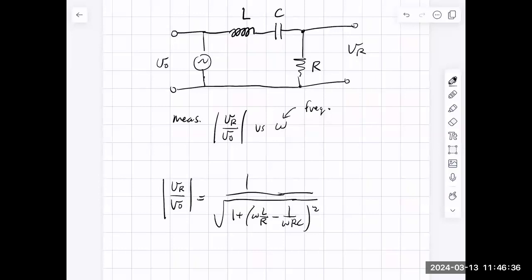I could even subtract off the 1 and then take the square root, and then I have omega L over R minus 1 over omega RC. But then I still have a linear omega and a minus 1 over omega. It's hard to see exactly how you could linearize this data.